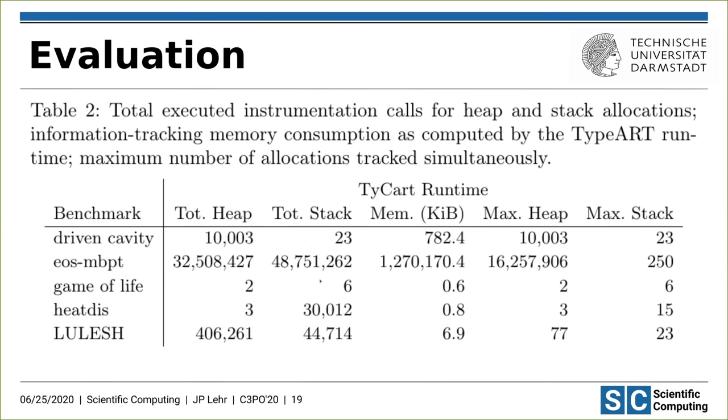So that is quite significant, and the maximum number of pointers we track at the same time is about 16 million. That is quite a large number, and that is also the reason why we add the 70% runtime overhead in the EOS MBPT app, because of all the additional calls. And because we track so many allocations, we also see that memory increase.